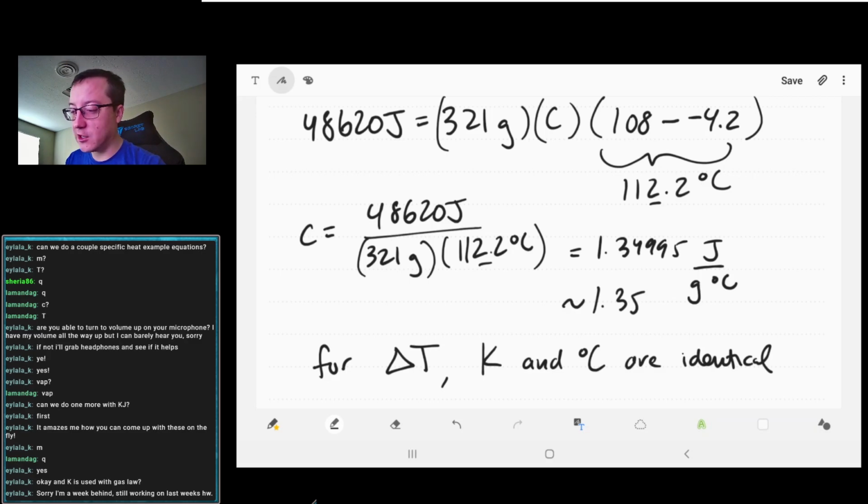So this change of 112.2 degrees Celsius is the same as a change of 112.2 Kelvin. You could use either one for delta T specifically. So you can use whichever temperature unit you want. Typically, it doesn't matter for this.